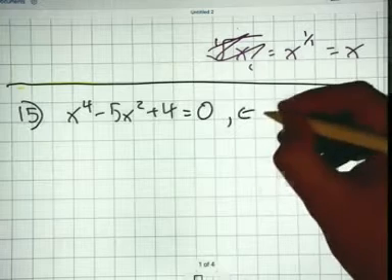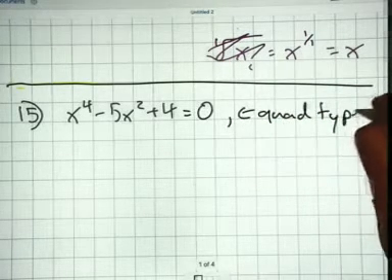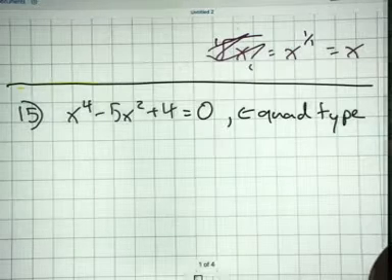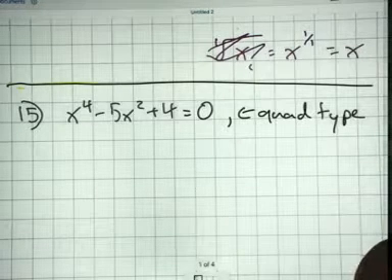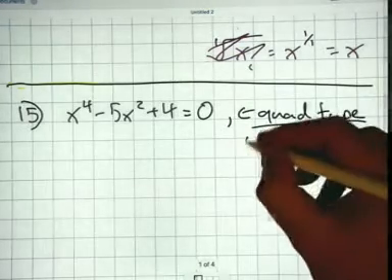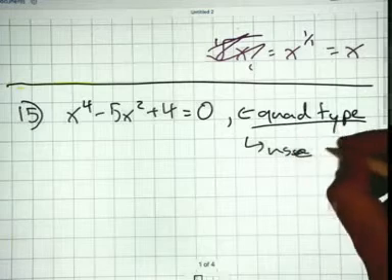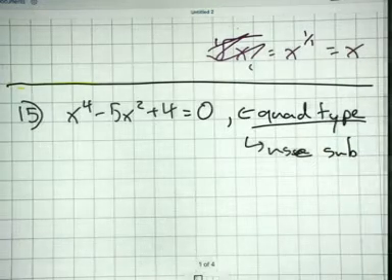So we already know that this is a quadratic type equation. And there's a process that we use to solve quadratic type equations. To solve quadratic type equations, we're going to use a substitution technique.